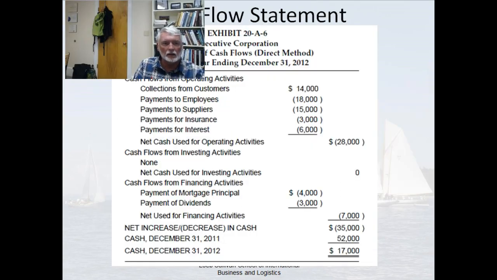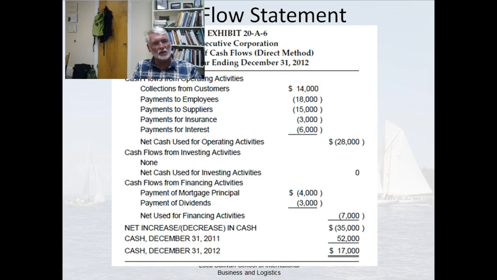Informational. And then the cash flow statement, we actually used $28,000 for operating activities. So we got money from customers, we paid employees, suppliers, insurance, and interest. So we had negative cash flow from operations of $28,000. Now remember, we showed a profit of $4,000, but we've used $28,000 in our operations.